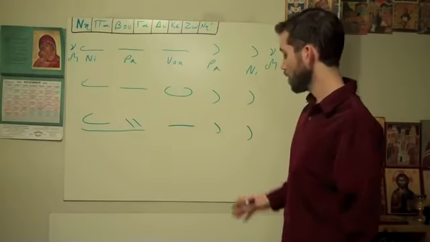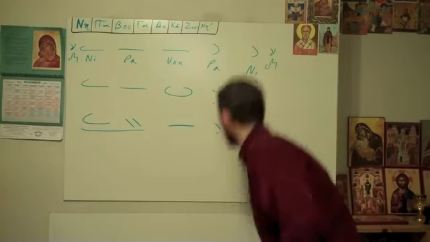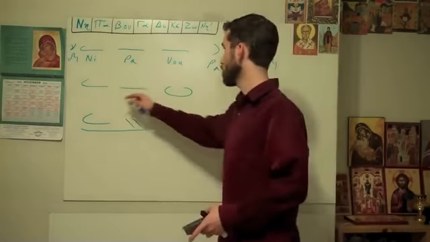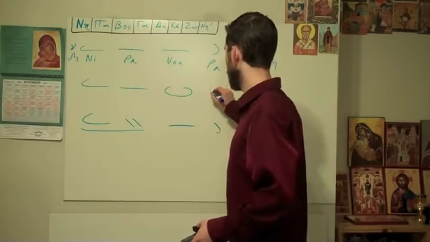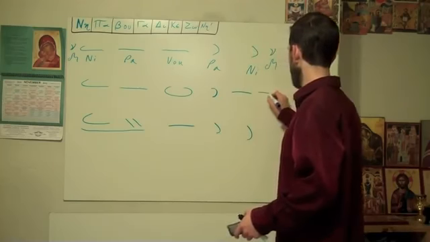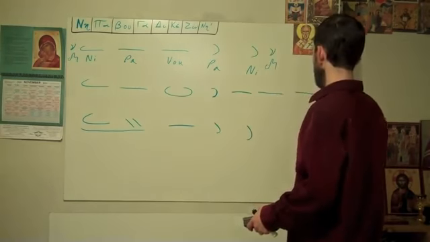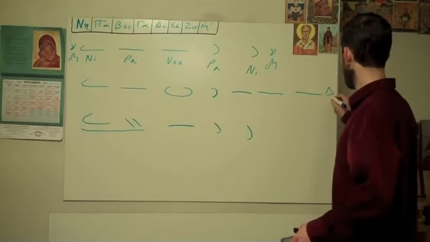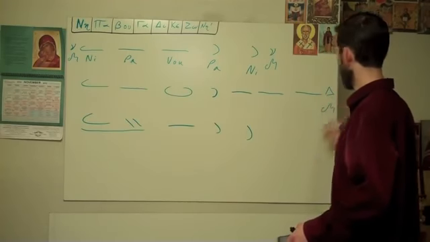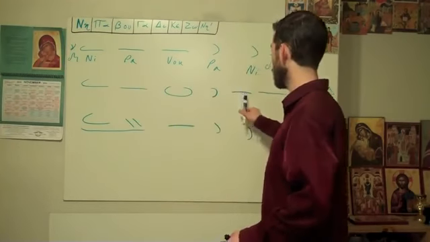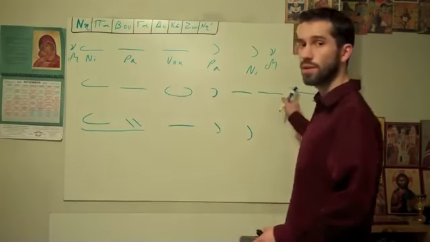Now as we're going there, if we were to change this such that we go ni, pa, vu, ga, di, we'd put a new symbol over here to tell us we're on the D in the diatonic scale. And so then, ni, pa, vu, ga, di.